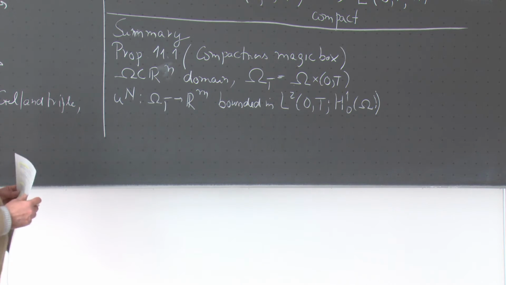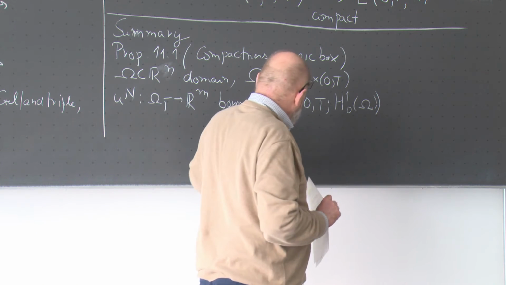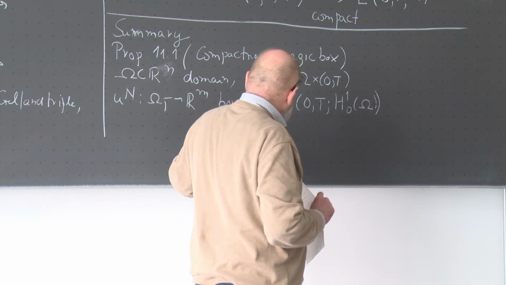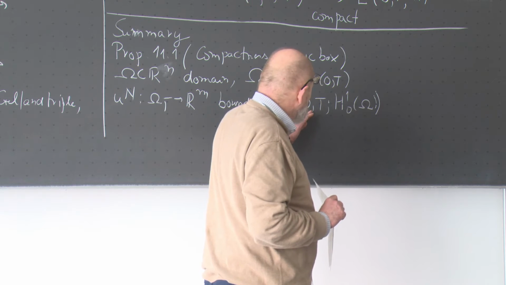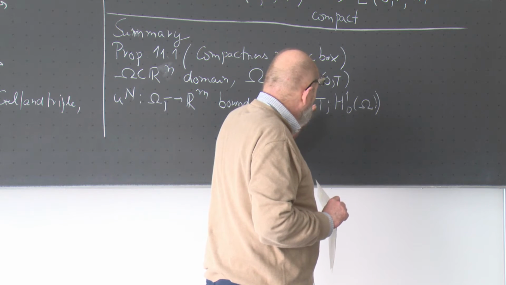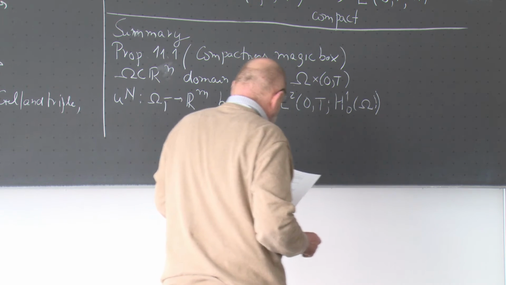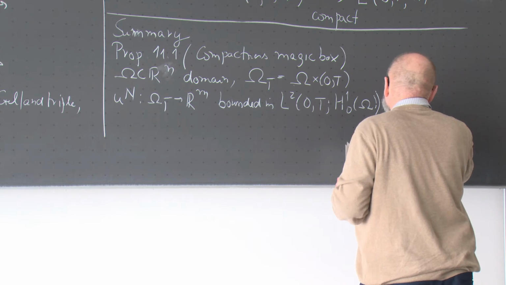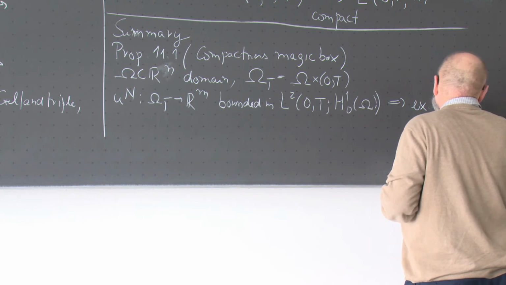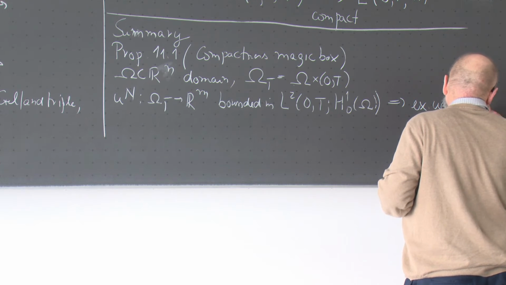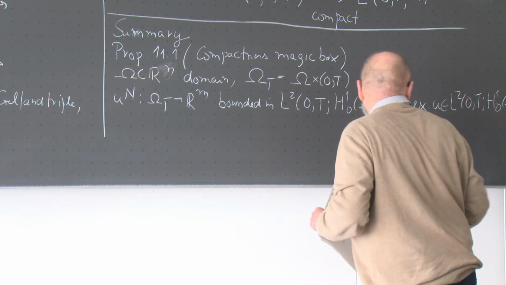The consequence is that, knowing this is a reflexive space, boundedness implies weak convergence, and therefore the first conclusion is that there is a function in this space such that there is weak convergence.